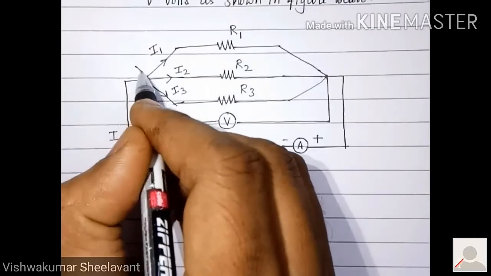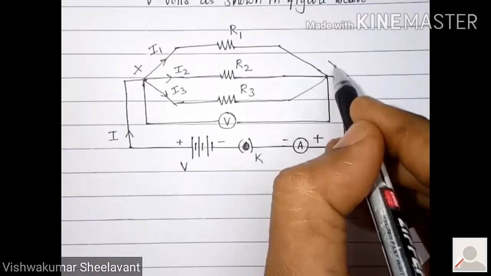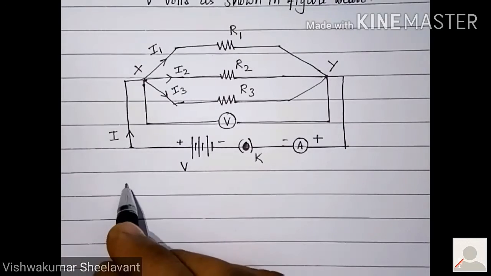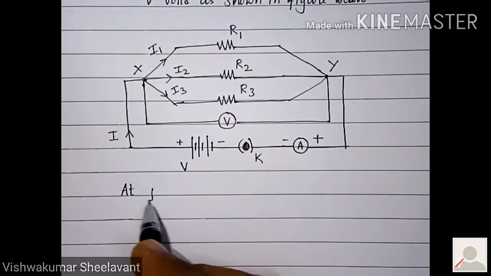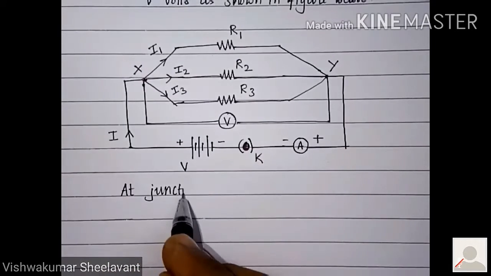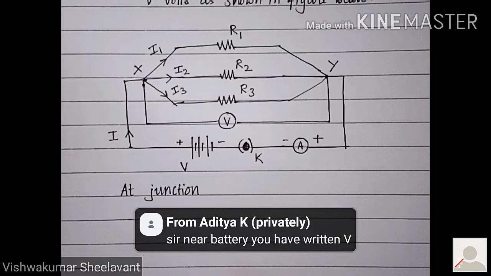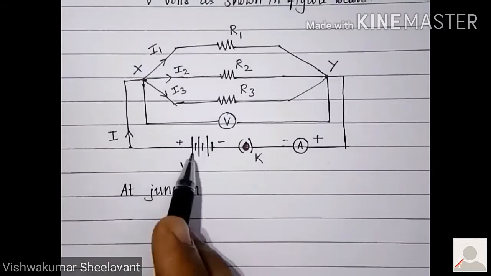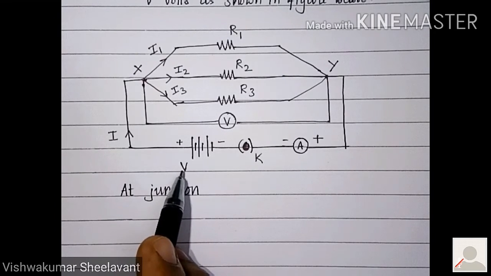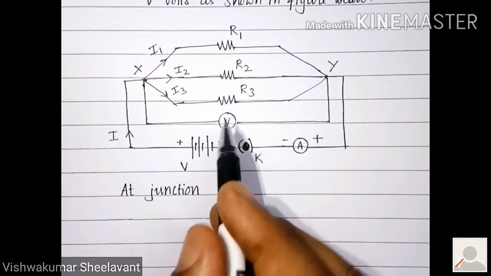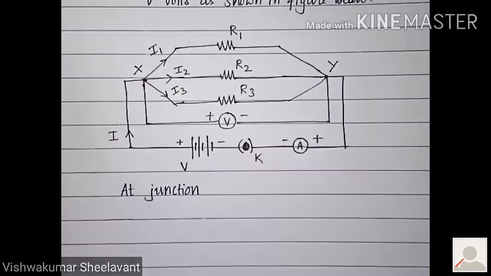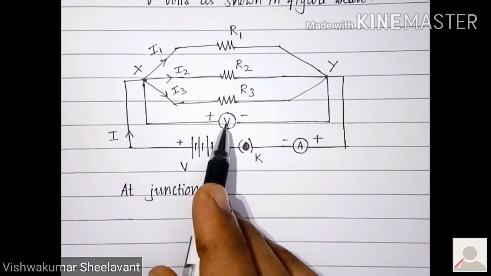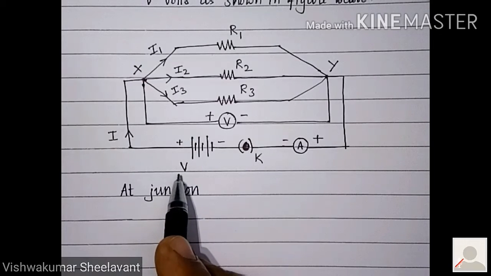Let us call this as junction X and this as junction Y. This is V volts. Potential difference of the battery is V volts. V in circle is voltmeter. Writing V in circle is different. Writing bare V is different.